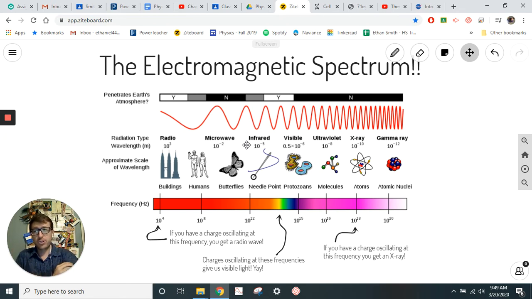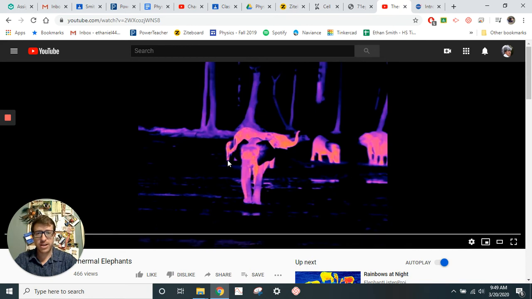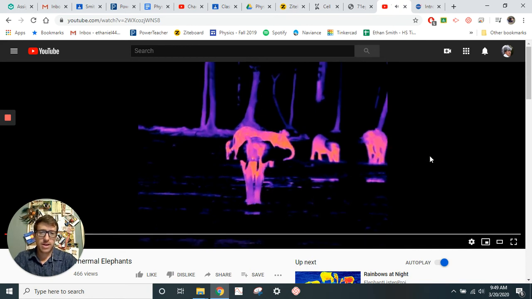So right now I'm giving off infrared wavelengths. And if I had a specialized camera or sensor that could pick up those infrared wavelengths, I could see which parts of me are hotter, giving off more of that infrared wavelength, versus which parts are cooler. And so you can use this to have essentially night vision.